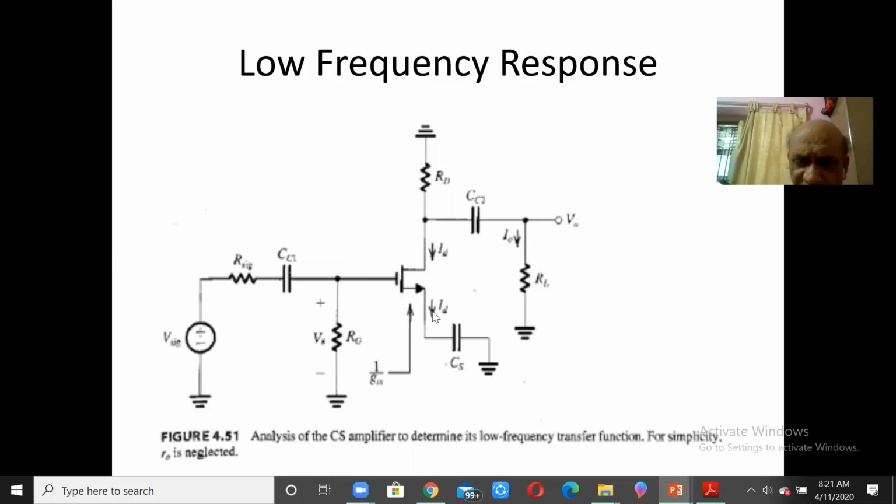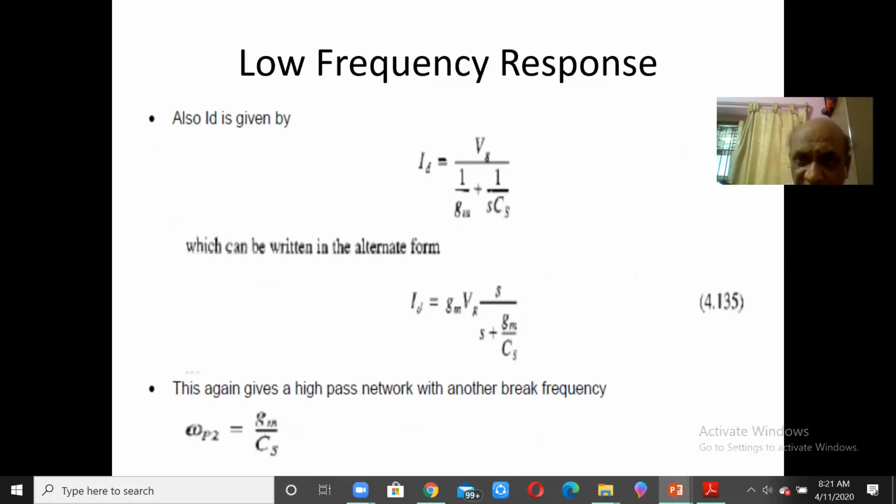So Vg is equal to ID multiplied by the impedance of this total thing, and hence ID will be Vg divided by the impedance due to this total thing, and that impedance is 1 by gm plus 1 by SCS, and that's what is mentioned over here.